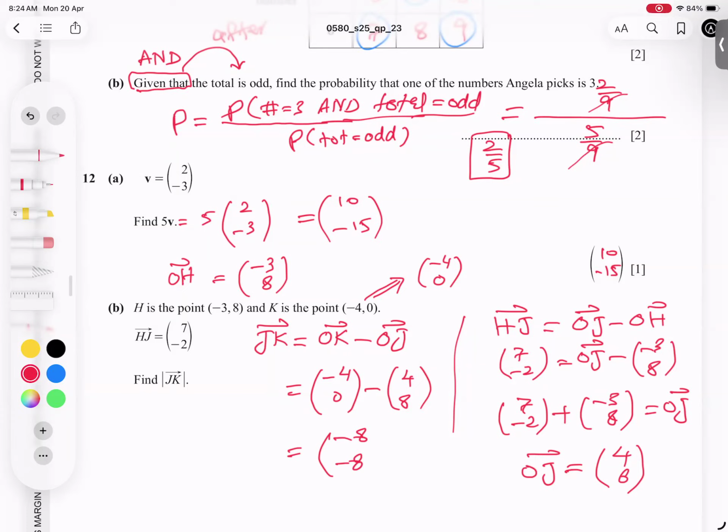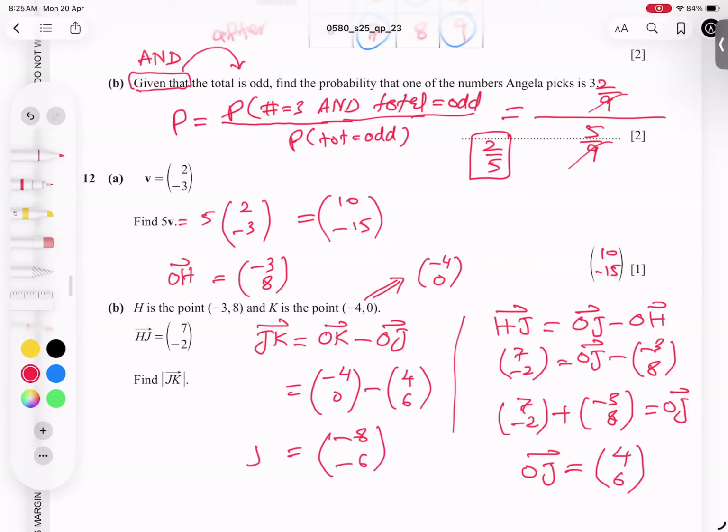Maybe I copied this number somewhere wrong. No, it's not wrong. Negative 2 plus 8 is 6, this is 6 actually. It looks like 8. Okay, so this is basically 6. So I got here 0 minus 6, I'm getting negative 6.